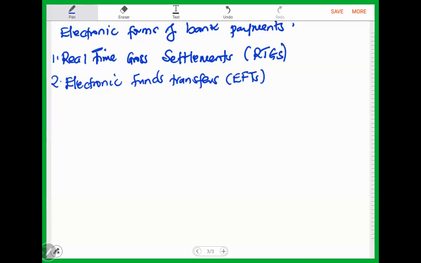Number 3, these ones handle both batches and individual transactions. RTGSs normally do individual settlement of those transactions, and RTGSs are normally intended for large volume transactions. These ones can do even small transactions. So that's the difference. So what are electronic funds transfer transactions, or EFTs?